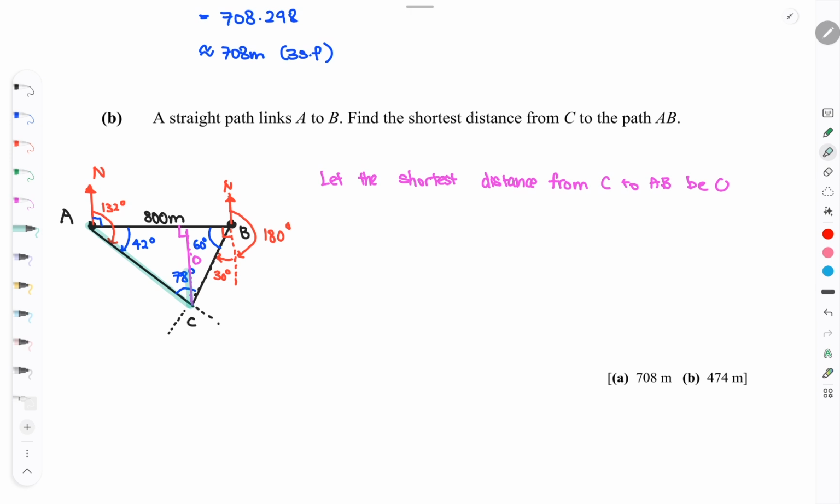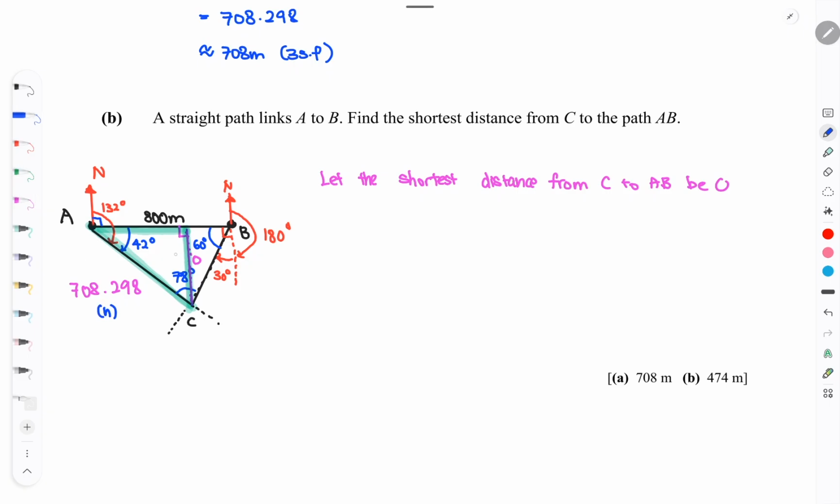I have two right angle triangles actually, but I will use the green one. Why will I use the green one? Because from the previous part, I found a side already. So it'll be 708.298. I found this hypotenuse side already, so this is actually my H.